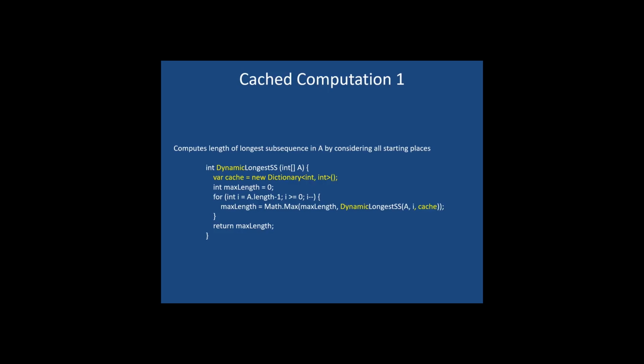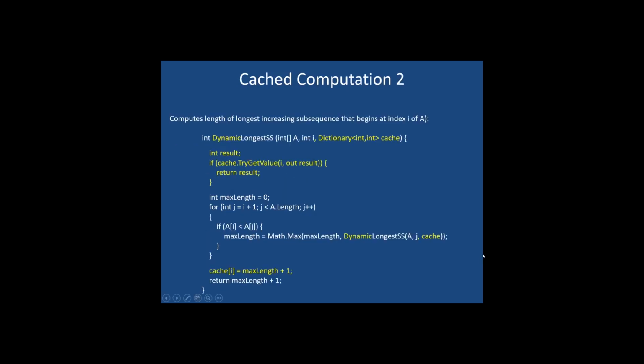So that's to hold, as we solve subproblems, we're going to store the answer in the cache. So this is what we do. This is our code from before, except we've got to pass the cache along each time I make a recursive call. When I enter, I look and see, have I already computed the answer for index I? If so, return it.